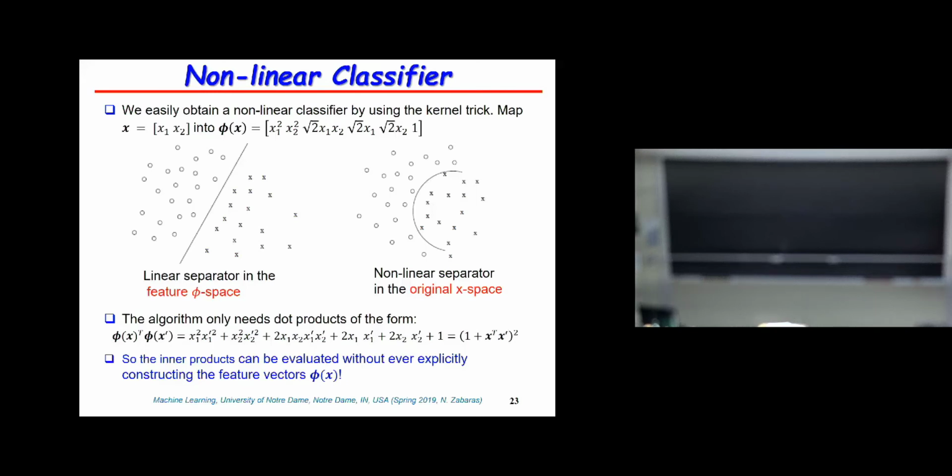In feature space, you actually have a linear hyperplane that separates the data, but when you go back to the original x space, you get a curved separating boundary. In some sense, this is very much needed. You won't be able to exactly separate the data in the x space directly, so you need to go to feature space phi of x to be able to do that.